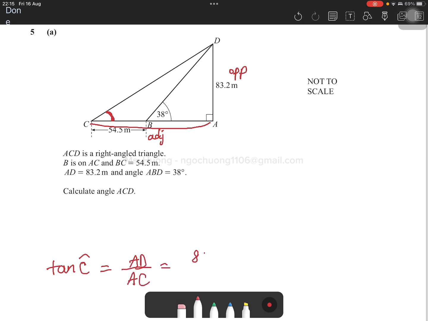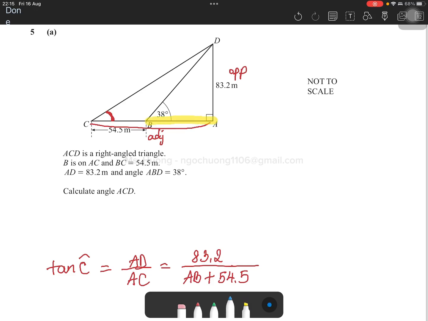AD is 83.2 meters and AC is equal to AB plus BC. BC is 54.5 meters. And that's why we need to find the length of AB. So now we'll focus on the length of AB.